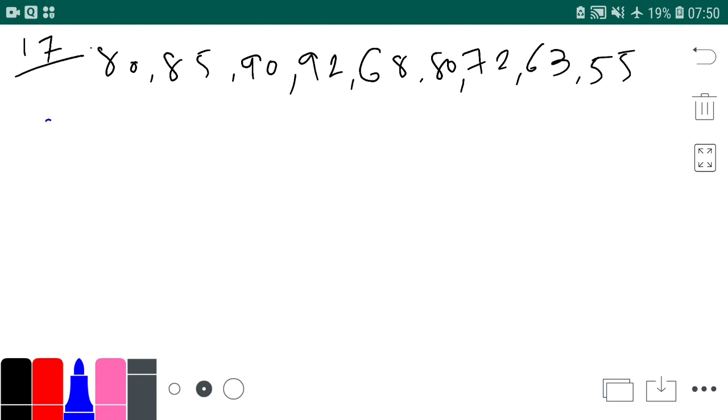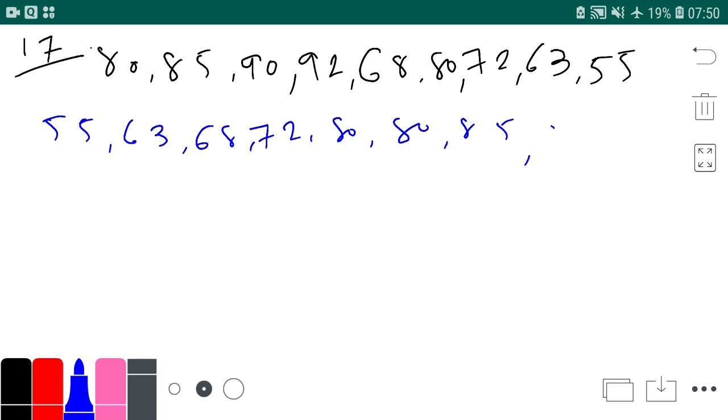Your first digit is 55. Second is 63. What is third? 68. Then 72. 80. If 80 is twice, no worries. 80, 85, then there is a 90 and there is a 92.